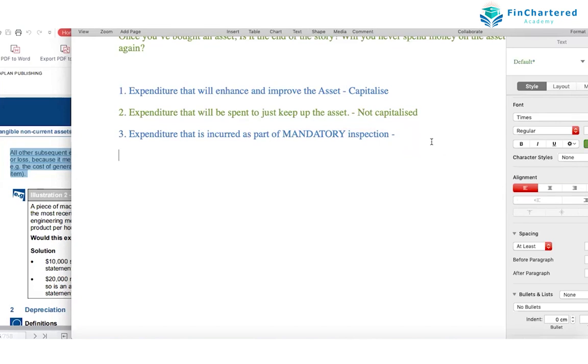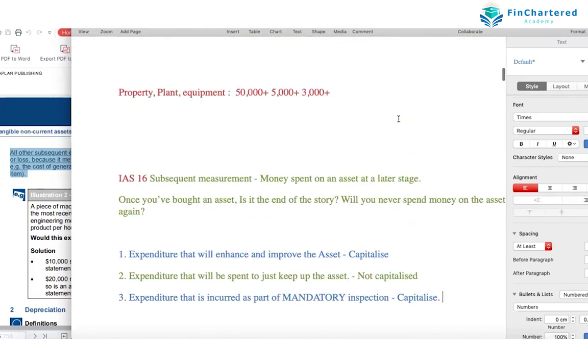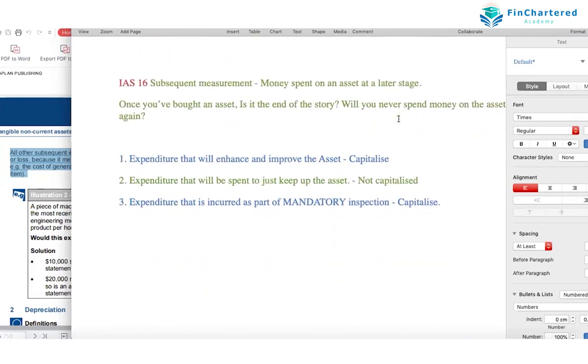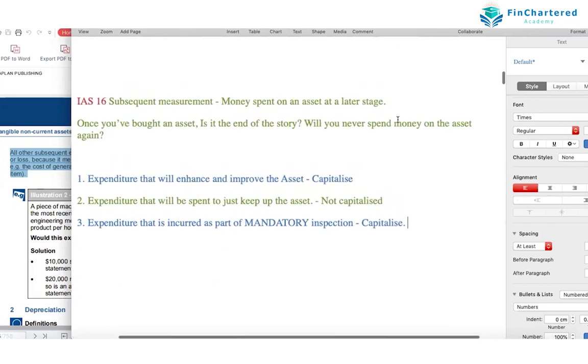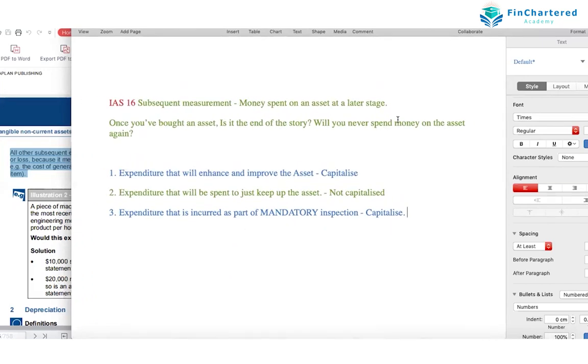Right? So let's look at illustration 2 now. I hope IAS 16 subsequent measurement, just look at it for 2 minutes before doing illustration 2. This is as simple as it is, right?